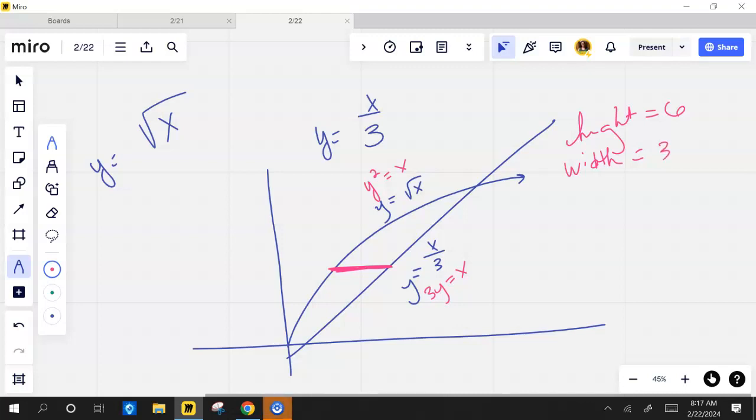So 3y minus y squared. Everybody okay with that? So the area of the rectangle is going to be 6 times 3y minus y squared. That's the width, right? That's this cross section.